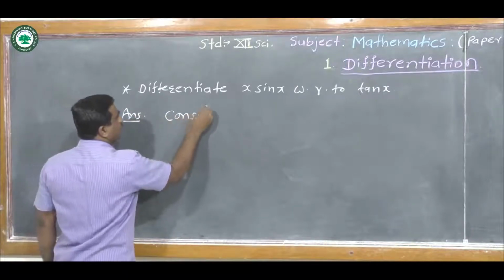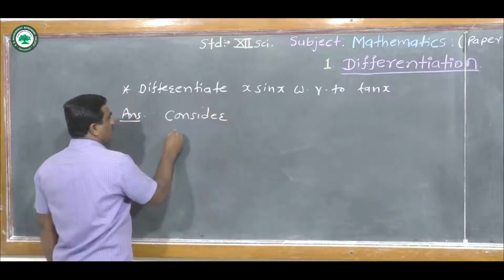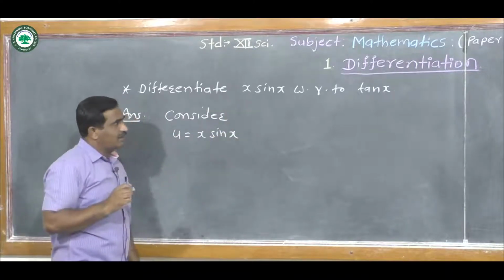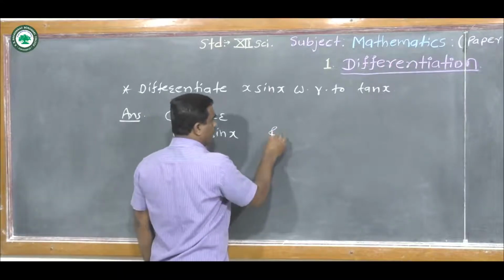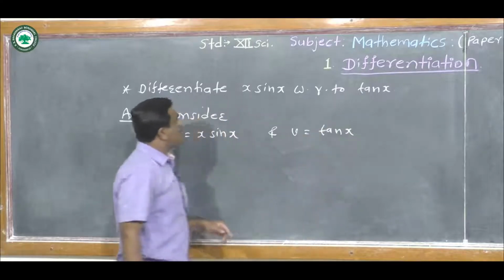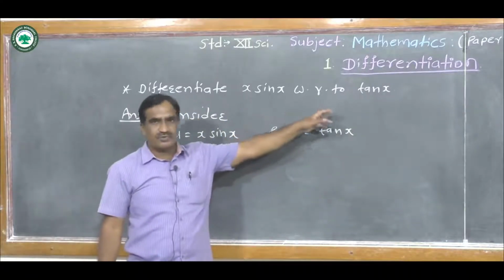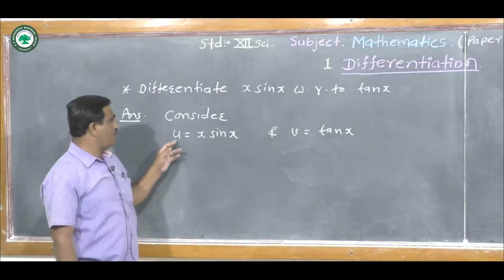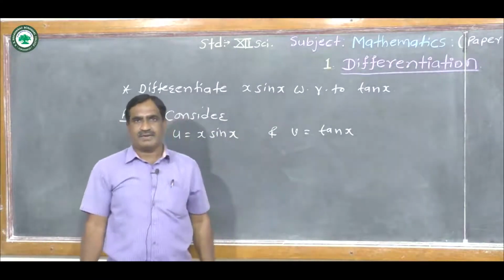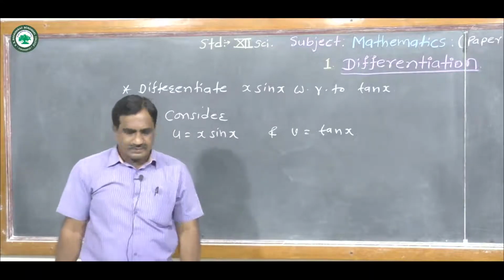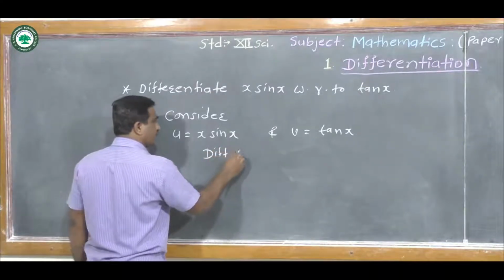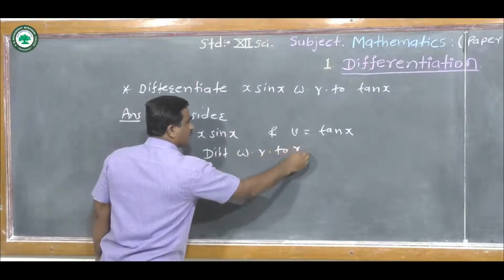Consider u equal to x into sin x, first function, and v is equal to this second function tan x. We have to differentiate x sin x with respect to tan x, that is differentiate u with respect to x and differentiate v with respect to x and then find the value of du by dv. Therefore differentiate these both equations with respect to x.